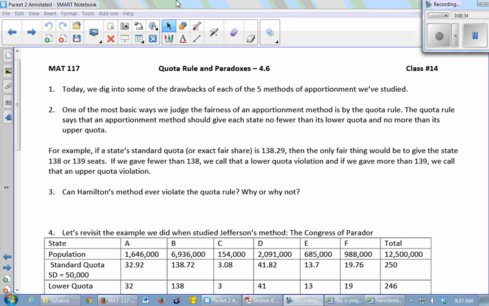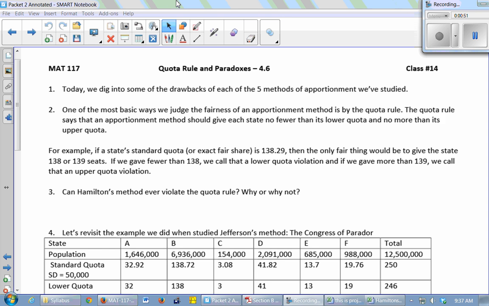So one of the most basic ways that we judge the fairness of an apportionment method is by something called the quota rule. The quota rule says that an apportionment method should give each state no fewer than its lower quota and no more than its upper quota.